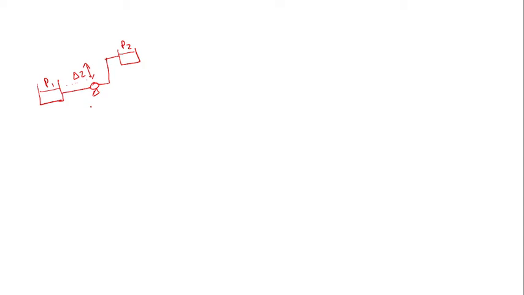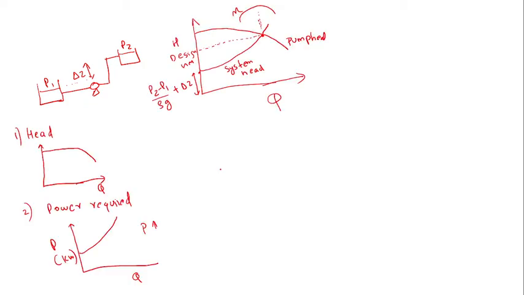Then next one is the efficiency of the pump. This efficiency first increases and after reaching a point it will decrease, and this efficiency is given by eta.